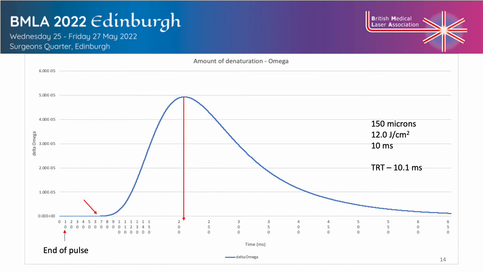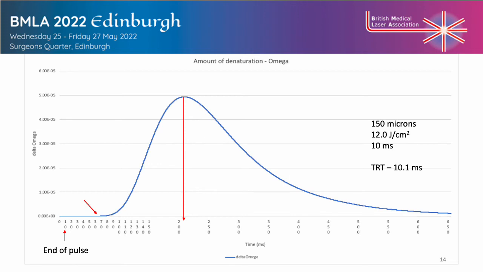So there's quite a long time of denaturation. That's about 130, 140 milliseconds worth of denaturation before it peaks. And then there's a lot of denaturation after the peak, as you can see in the tail of this. In fact, this goes up to over 650 milliseconds, which is 0.65 seconds in the real world.